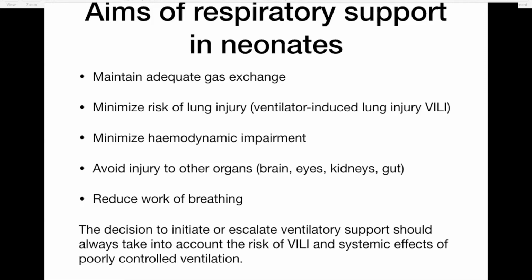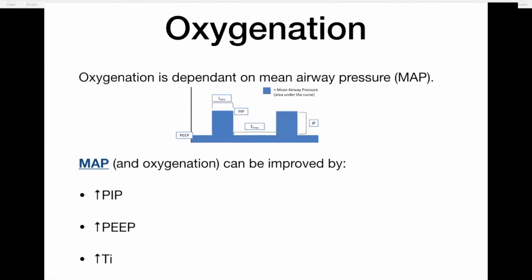When we decide to initiate or escalate ventilatory support, we should always take into account the risk of ventilator-induced lung injury and the systemic effects of poorly controlled ventilation, like we can damage the brain, the eyes, the kidneys, and the gut.